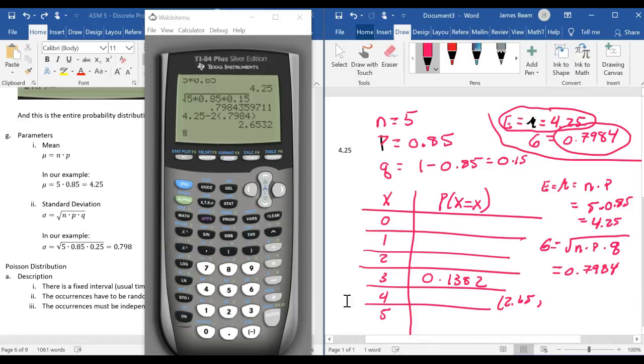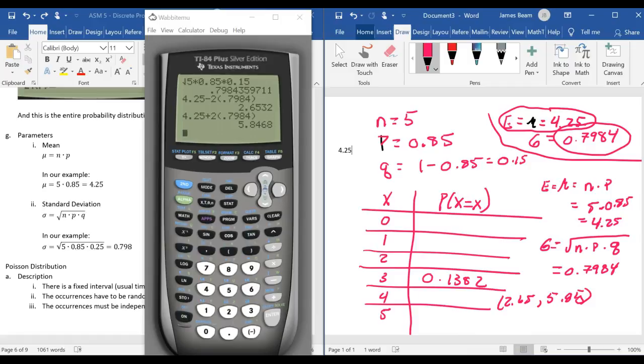And if I do the same calculation, but I add the 2 standard deviations, that's going to give me 5.85, right? Which means that if I did this experiment and I grabbed 5 adults and I say, hey, how many of you are able to use Instagram?